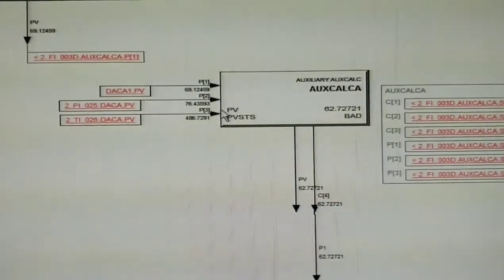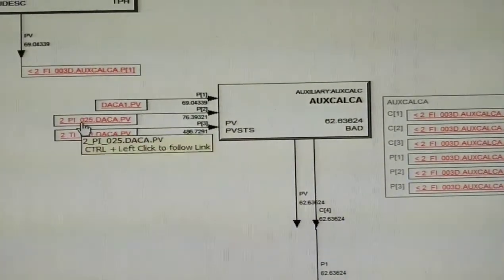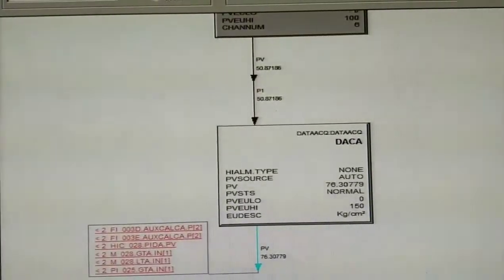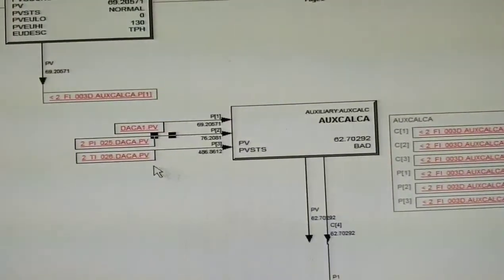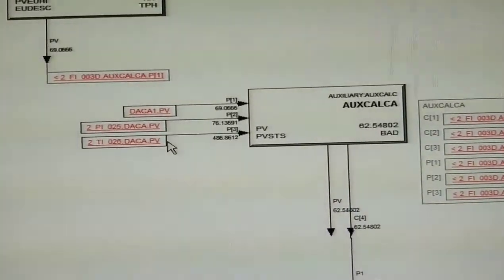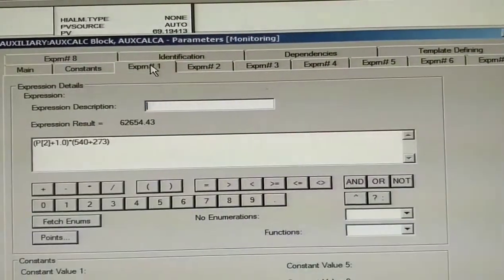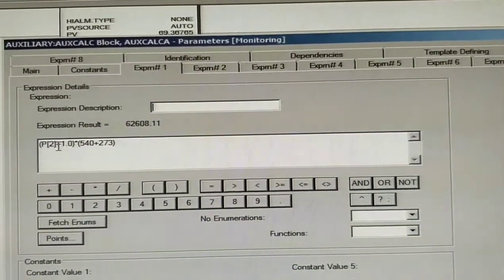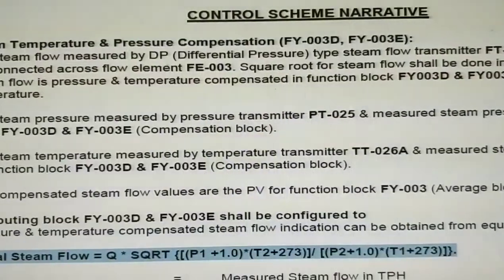Here on the P2 block pin, the pressure is taken from PI 025. This is the live pressure, which is getting as 75 kg per cm square, and this is the live temperature, which we are getting as 486. Here in expression 1 we can see live pressure plus 1.0 multiplied by 540 plus 273.